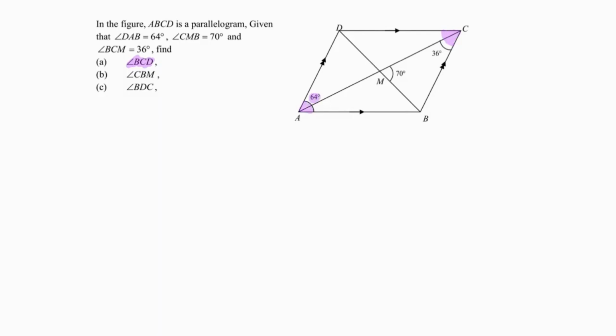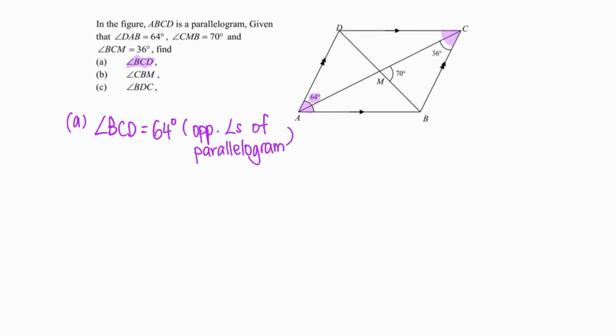Yep, they are opposite angles of a parallelogram. So BCD is equal to 64 degrees. Opposite angles of parallelogram. Done.